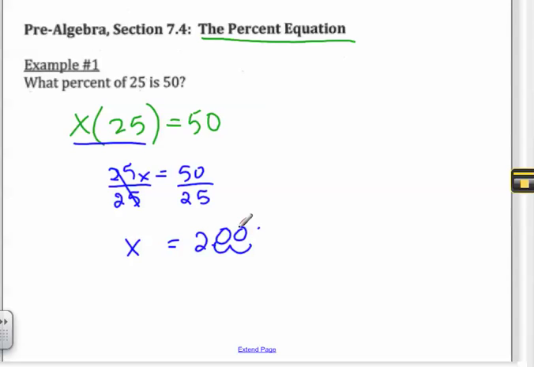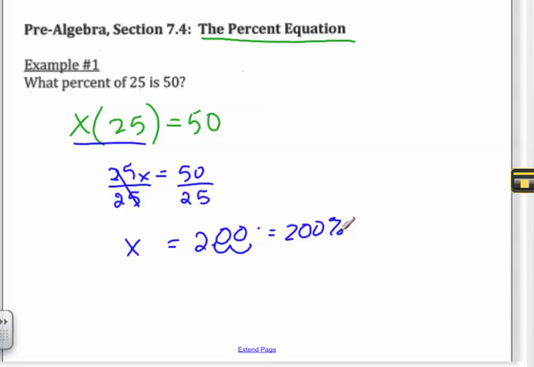I put zeros, so my answer is going to be 200%. So that means 50 is 200% of 25. Doesn't that make sense? It's all of 25 and another 25. It's 200% of 25. 50 is, right? Do you see how it answered that question for us?